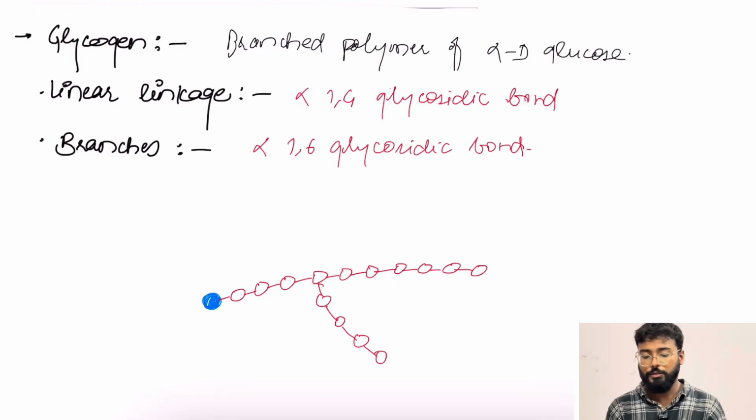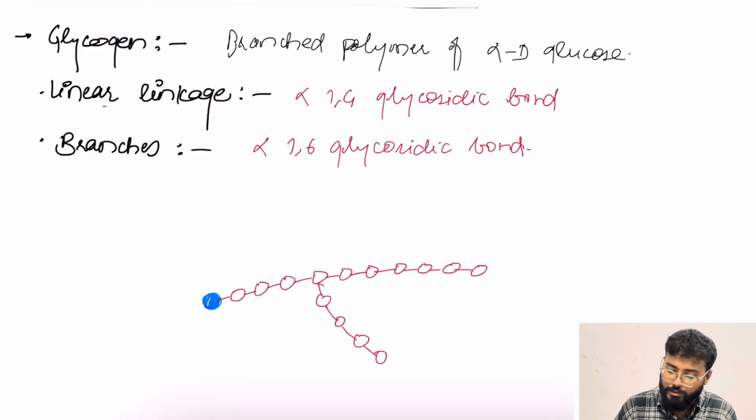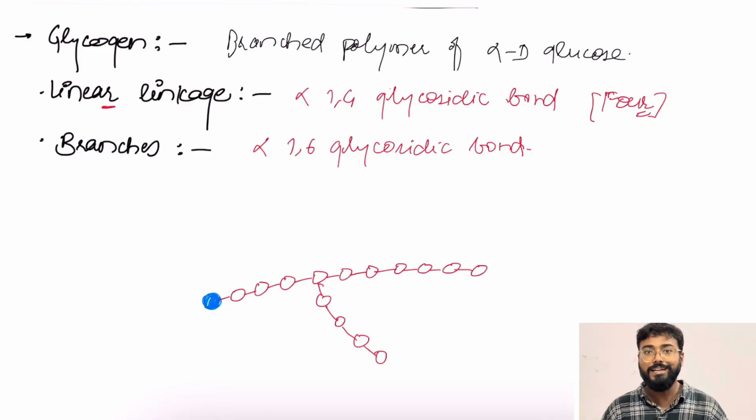How can you remember this? The last letter of linear is R and the last letter of 4 is also R. So the bond responsible for linear linkage is the alpha 1,4 glycosidic bond.